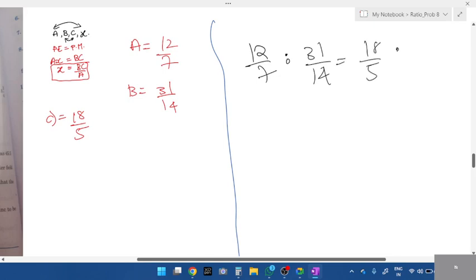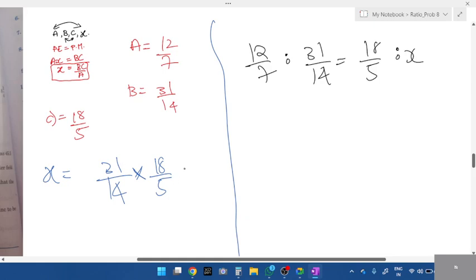The fourth term we don't know, we take it as x. Then, how do you solve this question? First, let us use the formula method. What is the formula required? X is equal to B into C, divided by A. What is B? 31 by 14 into 18 by 5. Is it clear? Then divided by how much, students? Divided by what?